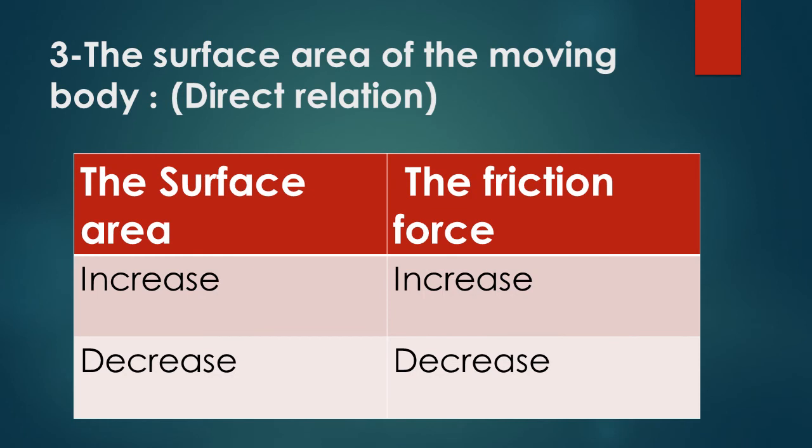The third factor which affects the friction force is the surface area of the moving body. Surface area means the area of the surface. So if the surface area of the body increases, the friction force increases, and if the surface area decreases, the friction force decreases.